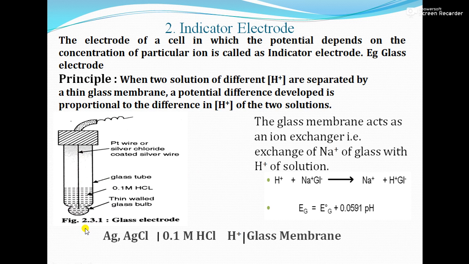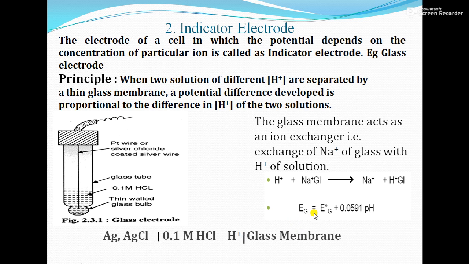So you can see the diagram, the glass bulb is there, that is a thin walled glass bulb. The electrolyte is 0.1 molar HCl, then the glass tube is there, then the platinum wire is there. The reaction taking place at the glass bulb is an exchange of sodium and H plus. So H plus from the solution gets exchanged with the Na plus from the glass bulb, and you will get Na plus plus HGl minus.